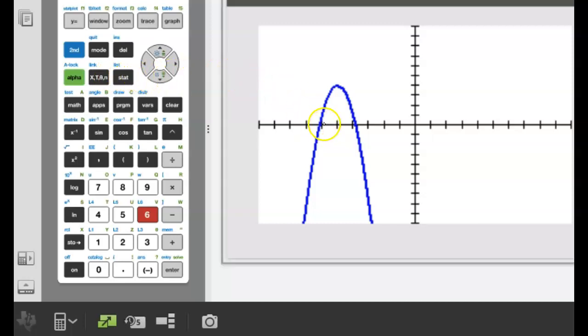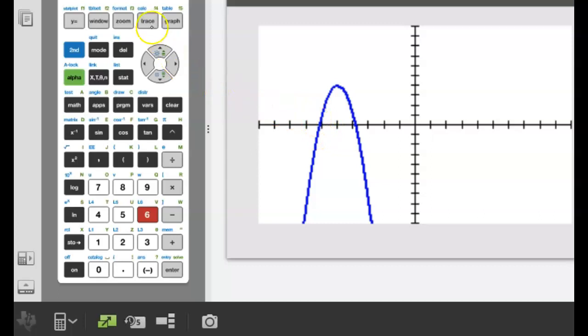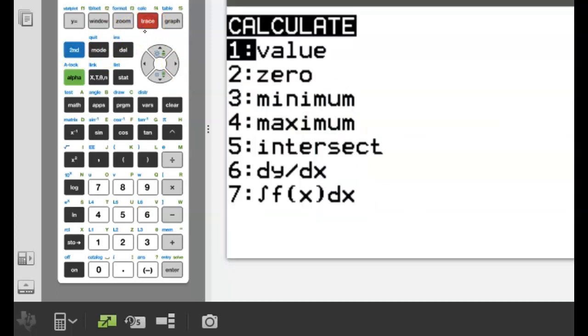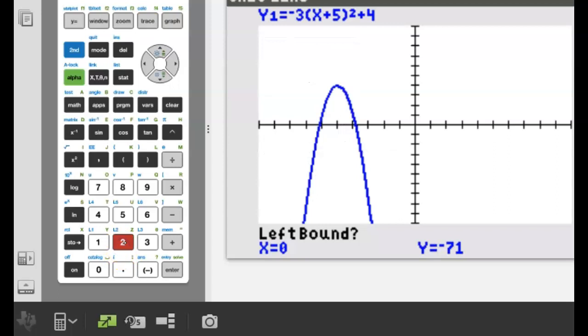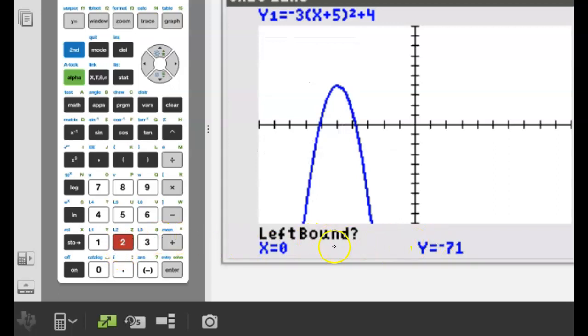Okay. If we are trying to find those x-intercepts right here, you go to second trace. What are they called? The zeros, which is choice 2. Now at the bottom of your calculator, it says left bound. I detest scrolling around on my calculator.